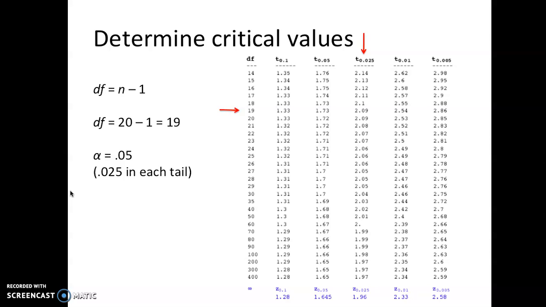Then we will make our way down to the degrees of freedom of 19, and we will find that our t critical value equals positive 2.09 and negative 2.09.